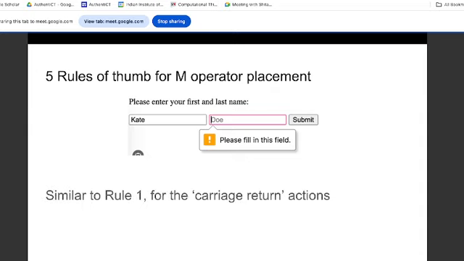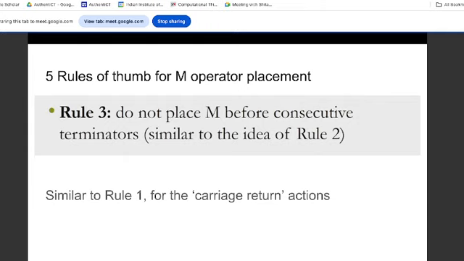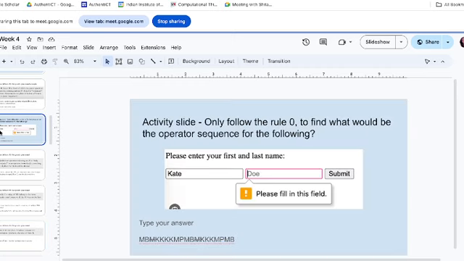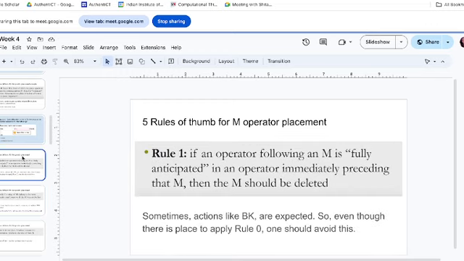Initially we saw, similar to rule 1, the carriage return actions. We know that we don't place an M before consecutive terminators. So what is the carriage return? It was rule 1: what you will do next is fully anticipated.